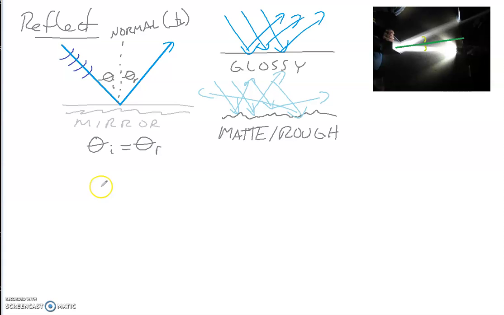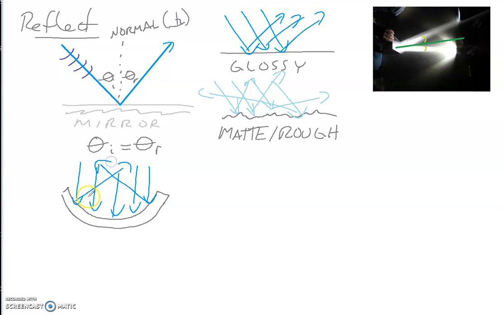For example, if you take a curved shape, something like this, and the waves are coming in something like this, when they reflect back, they will actually make a focal point. So right there.